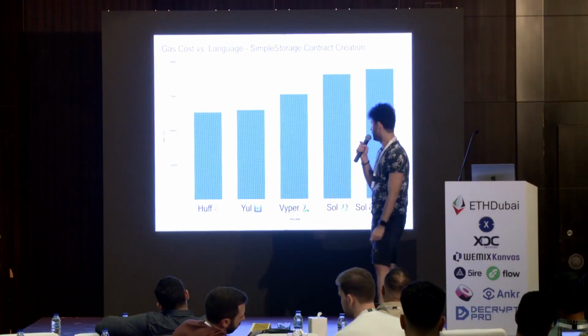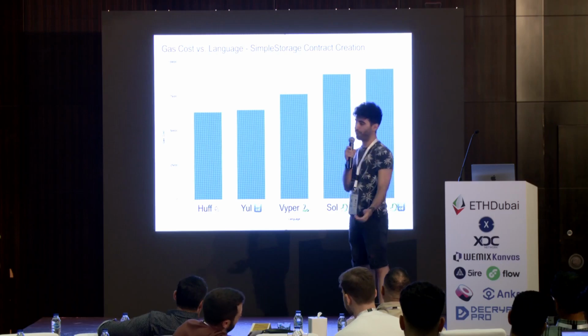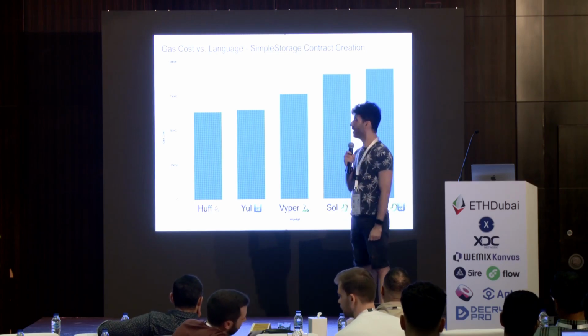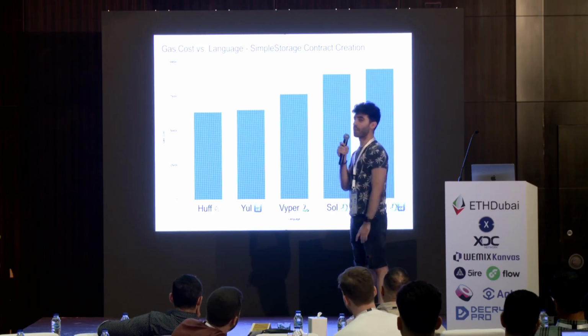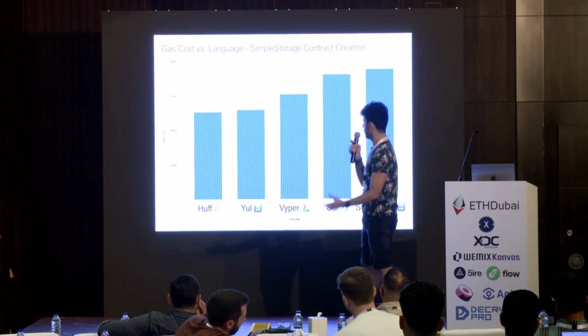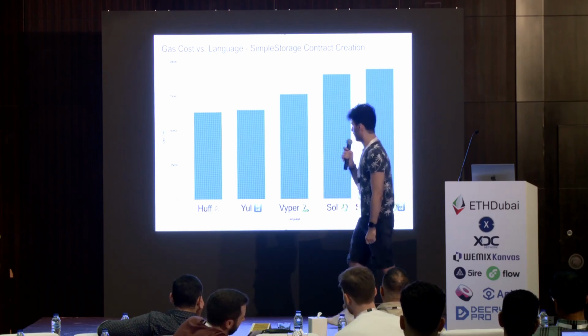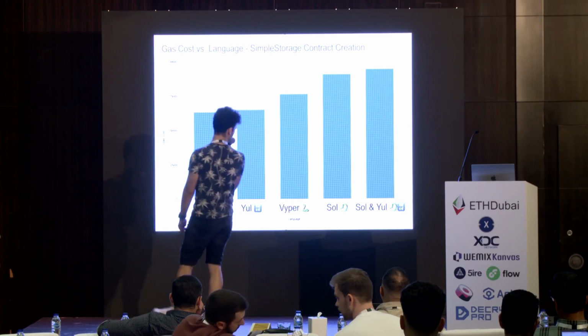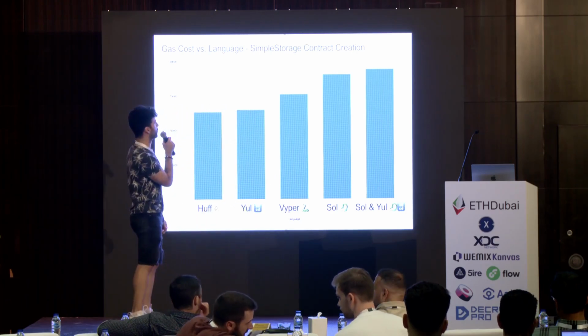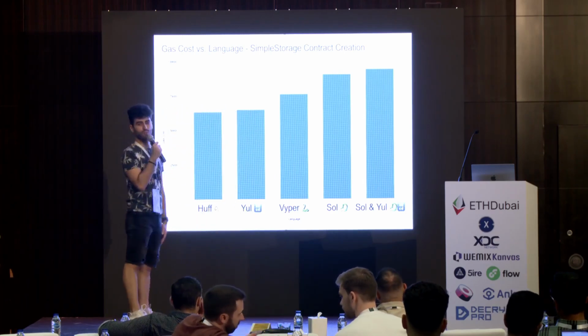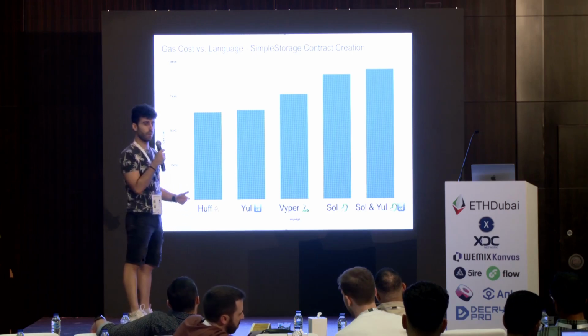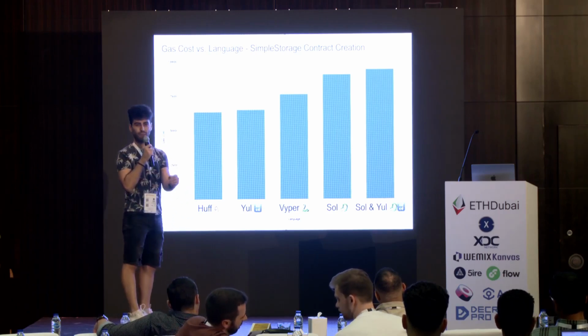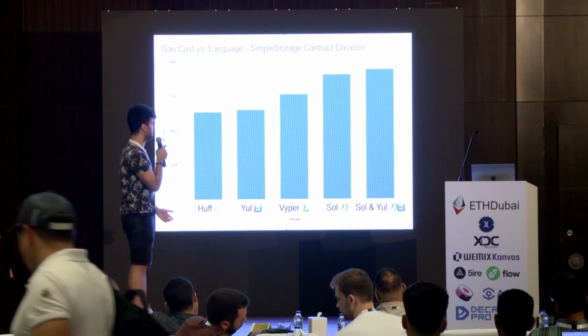And I'd say the simple use case for Huff is gas cost saving. Here's a very small example taken from Patrick Collins' Twitter. Basically he created a simple storage contract, a smart contract where you can save a variable and get it.